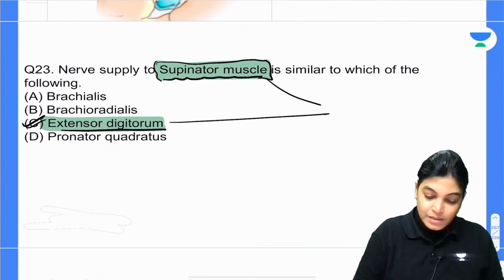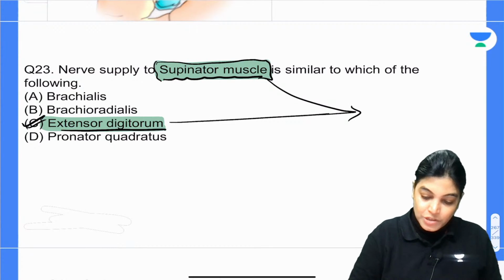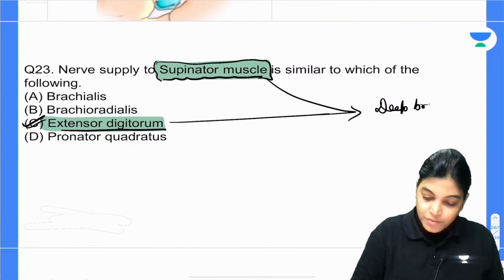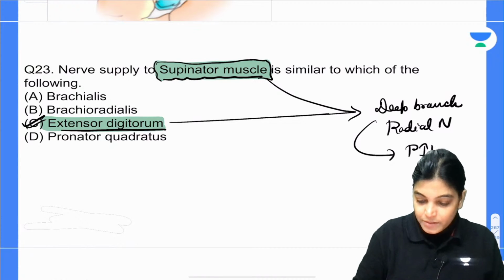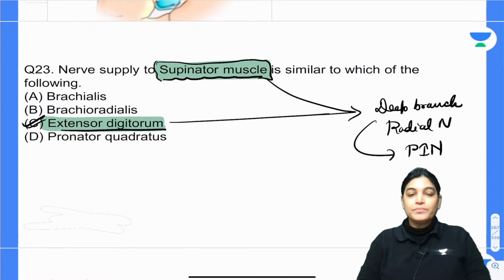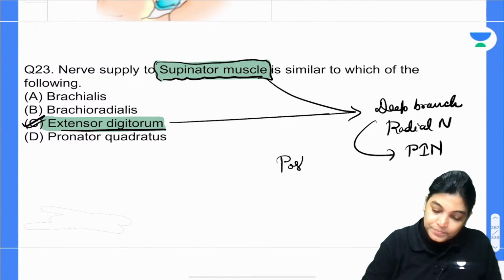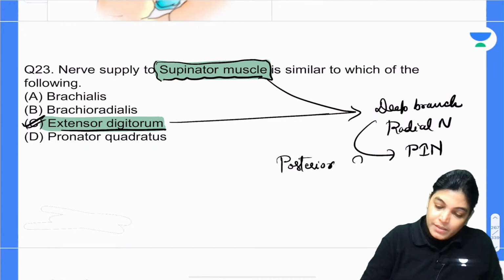So, both these muscles are getting innervation from deep branch of radial nerve, and the name of this nerve is PIN, that is posterior interosseous nerve.